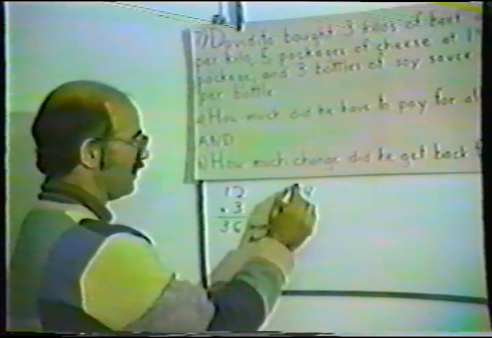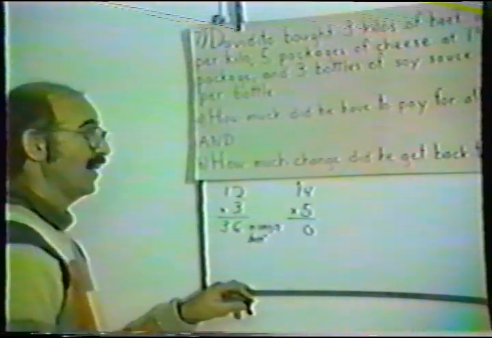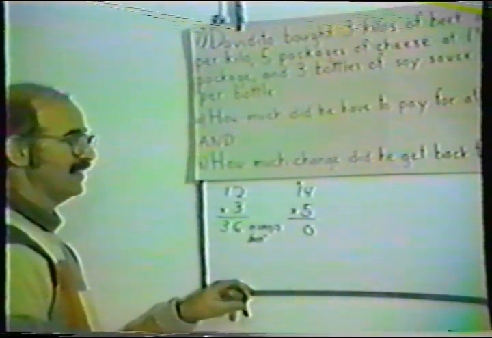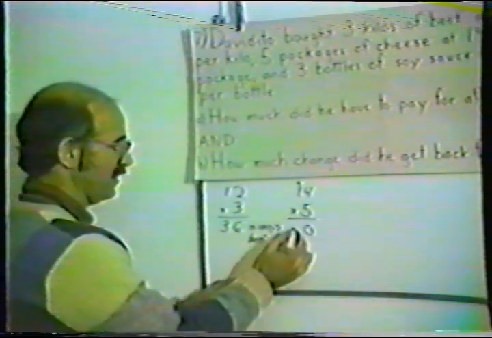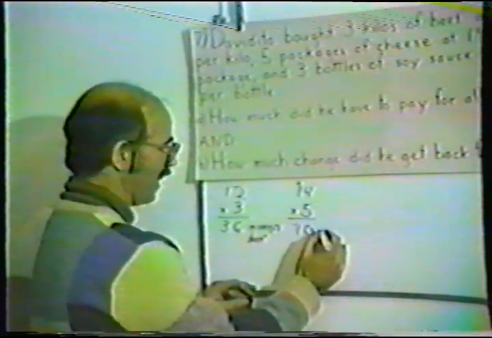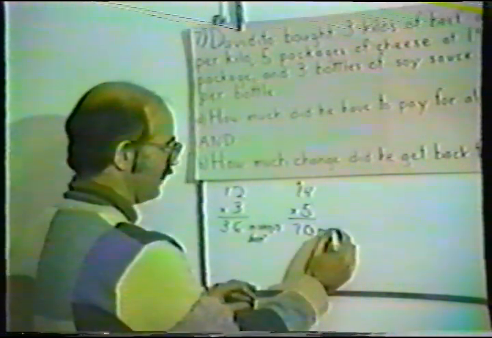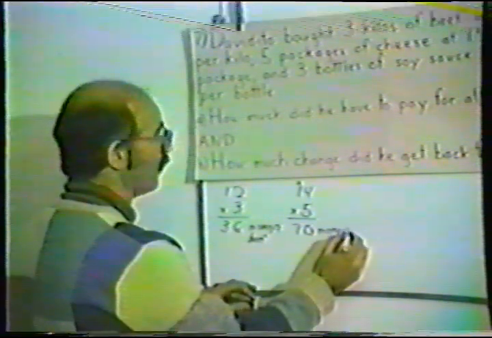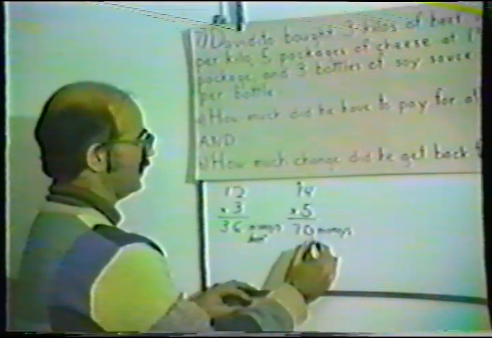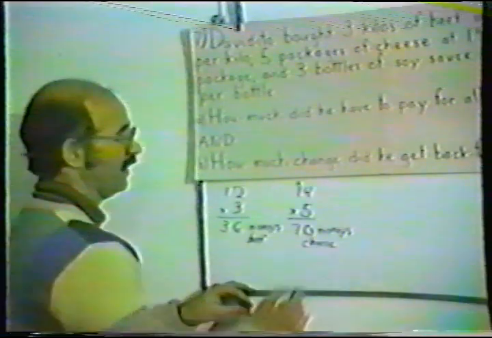Put down the 0, carry the 2. 1 times 5 is? 5. Plus 2, 7. 70 what? Monies. 70 monies for the what? Cheese. We label everything.